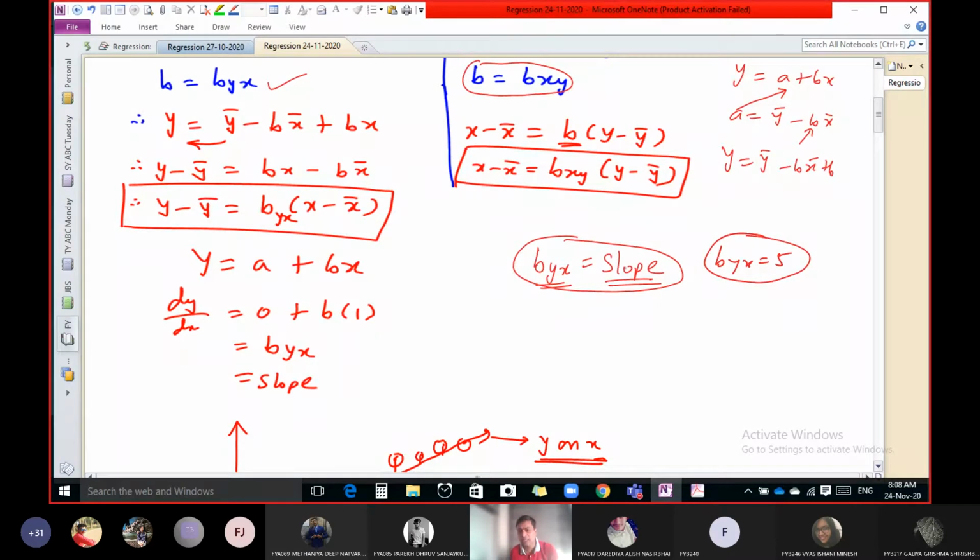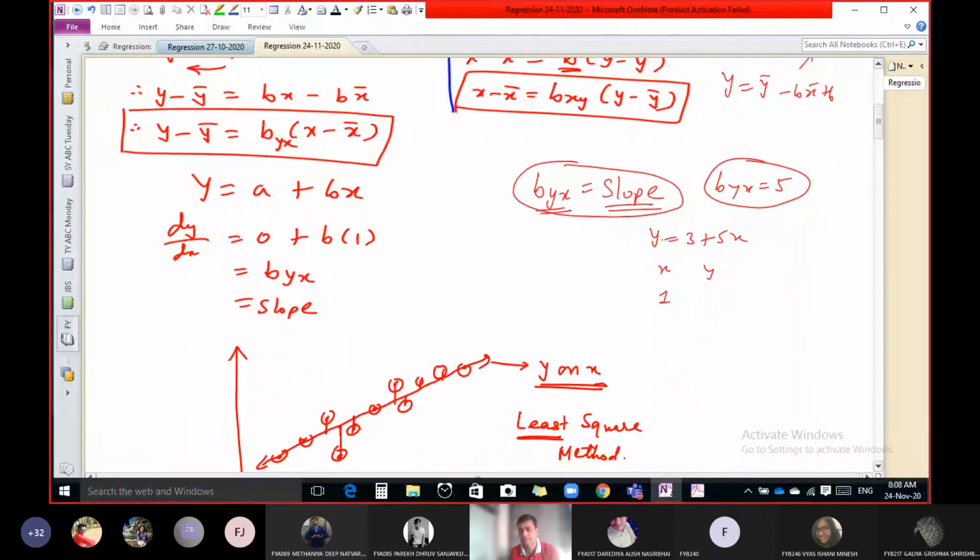See, if my regression line is y equal to 3 plus 5x, here a equals 3 and b equals 5. Now can you tell me, if we put x equal to 1, what do we get for y? 8. And if we put x equal to 2, then 13, and for 3, 18, and for 4, 23.